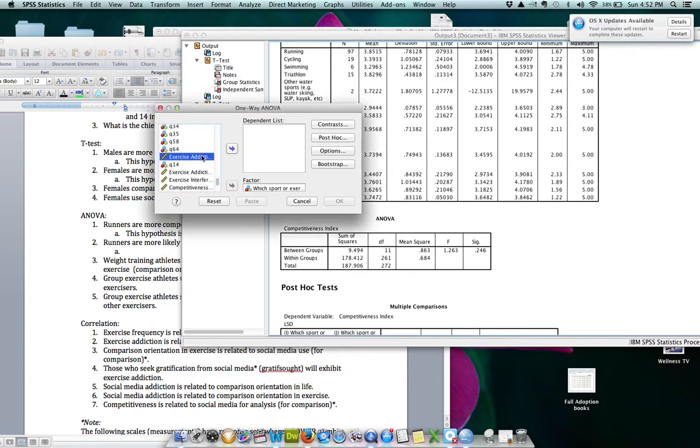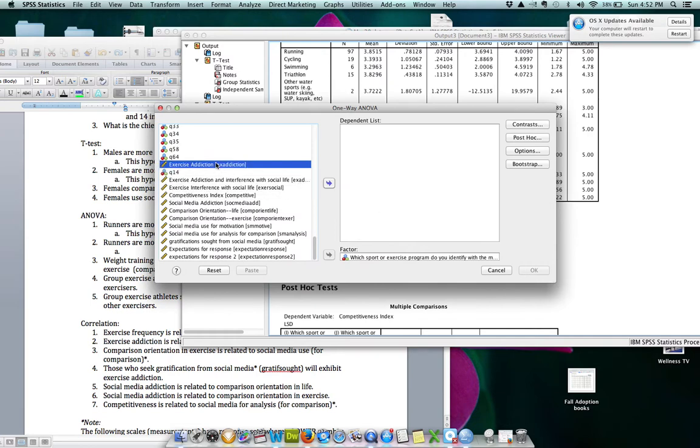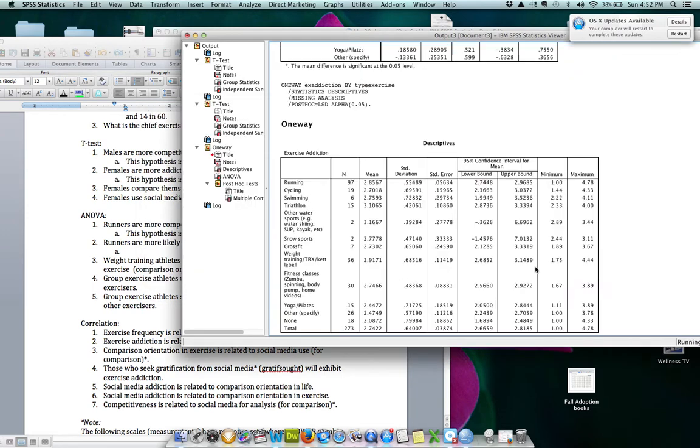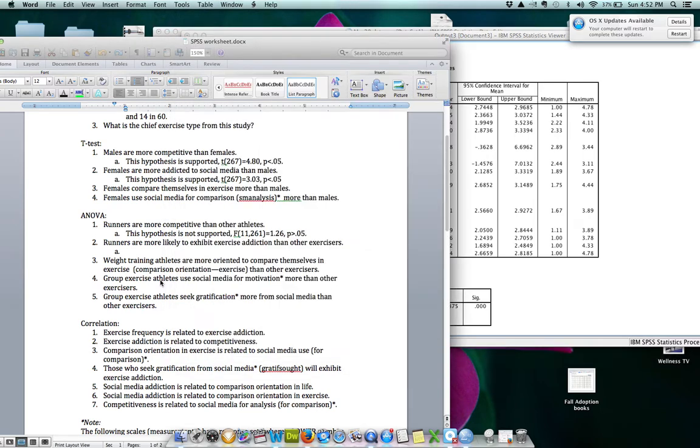I think this is the first one. There's a way I can make this bigger, and I can never remember how to do it. There we go. Exercise addiction. So look at that. So this hypothesis is supported.